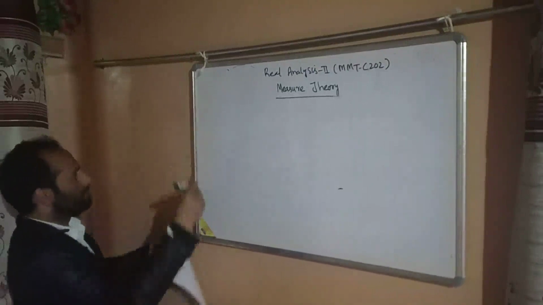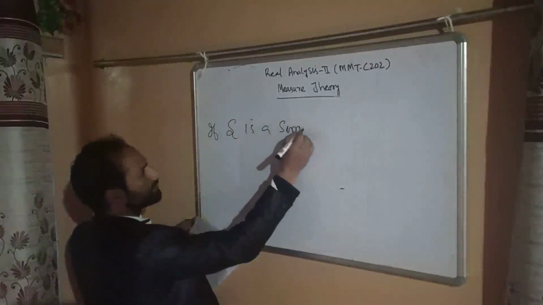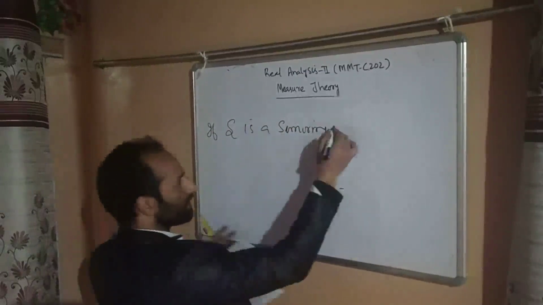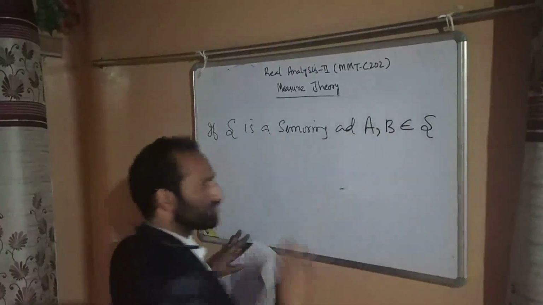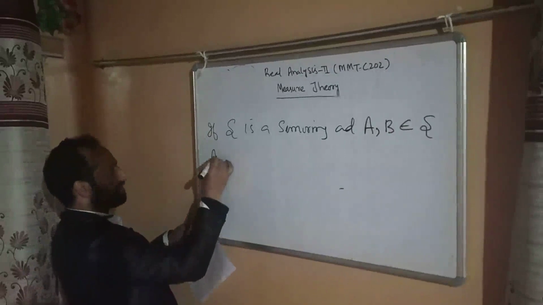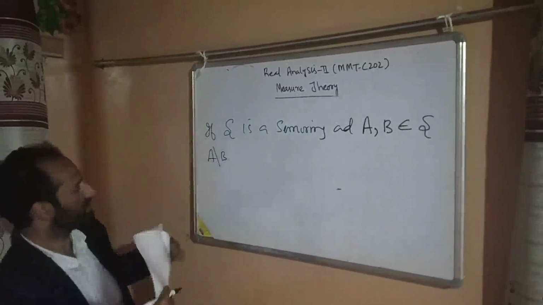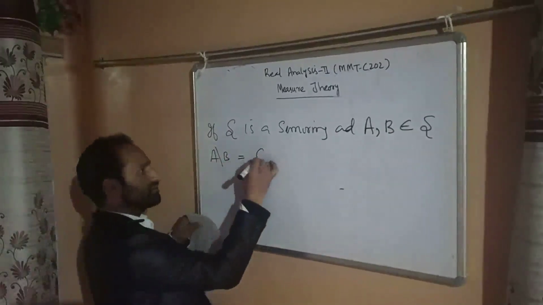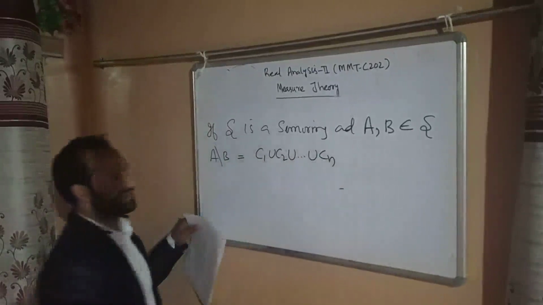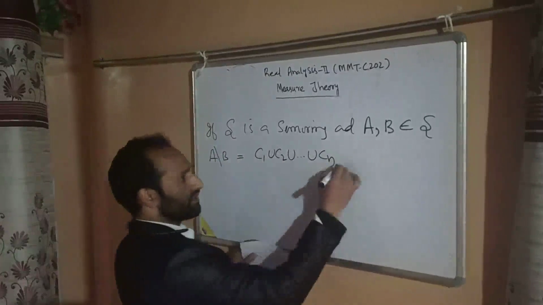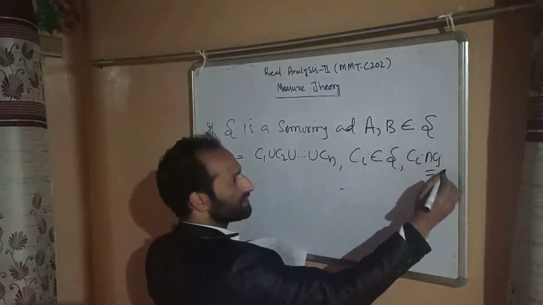So also if S is a semiring and A, B belong to S, then by definition of a semiring, A minus B, the set difference of two members of a semiring, is equal to a finite disjoint union of members of S. It's equal to C1 union C2 union up to union Cn, where these Ci's are members of S and they are also pairwise disjoint.